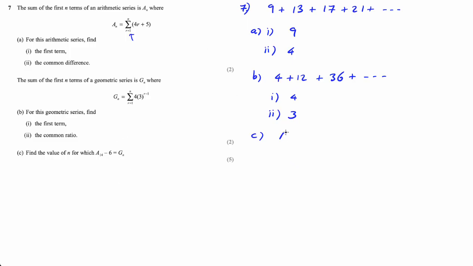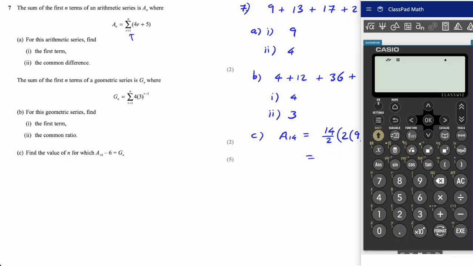Okay, first, guys, let's get a14. So a14 is the sum of the first 14 terms. So it's from the formula sheet, guys, it's 14 over 2, 2a, which is 9, plus n minus 1, which is 13, times d, which is 4.